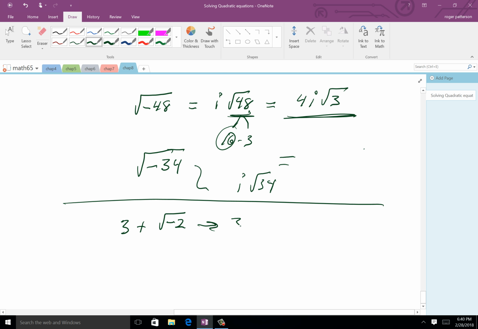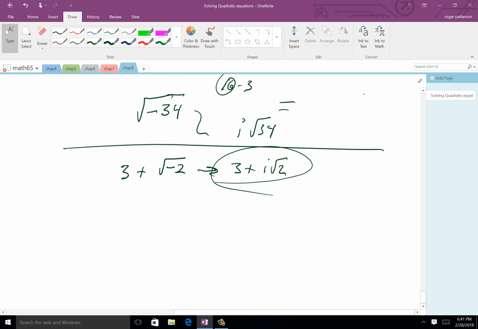An i comes out in front of that square root of 2, but I can't combine these because this one is real and this one is imaginary. Even though it's a complex number, they're not the same thing, so we can't combine them. It's like when you have a 3x and a 4y, you can't combine them and get 7xy. So we just write it as 3 plus i square root of 2.